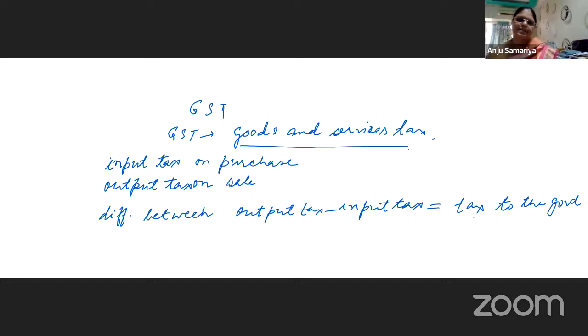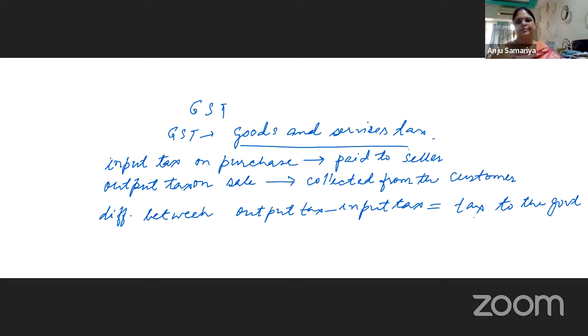The input tax is paid to the seller, from whom we are purchasing goods. Output tax is collected from the customer. So, did you understand the concept?